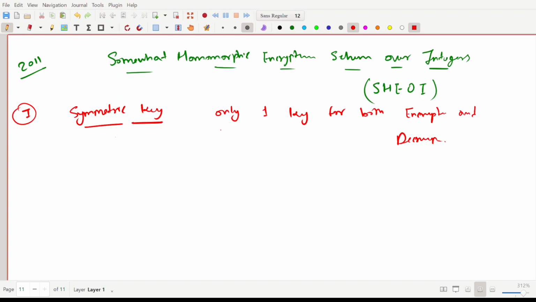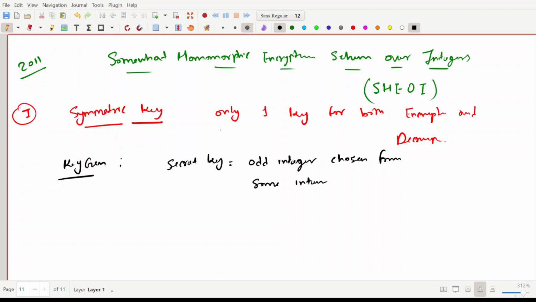So now let us see what happens in the case of symmetric key. How does this somewhat homomorphic encryption work? How does it start? First thing is key generation. Here the secret key is an odd integer chosen from some interval.